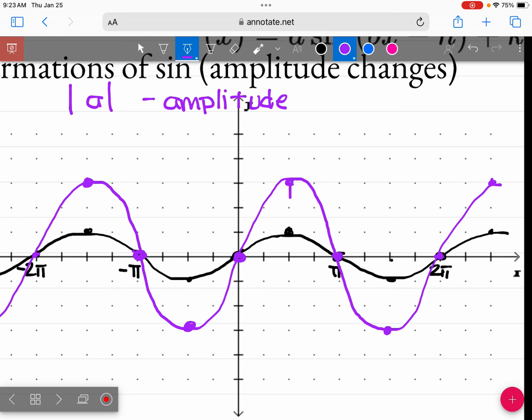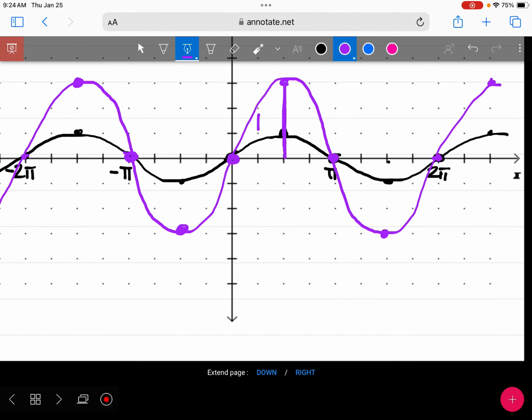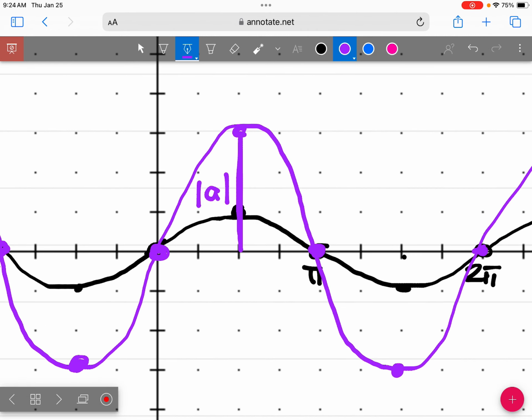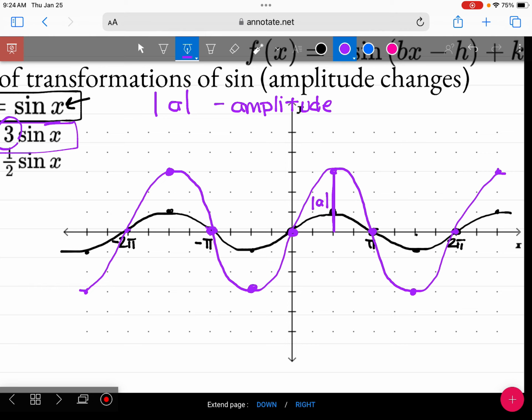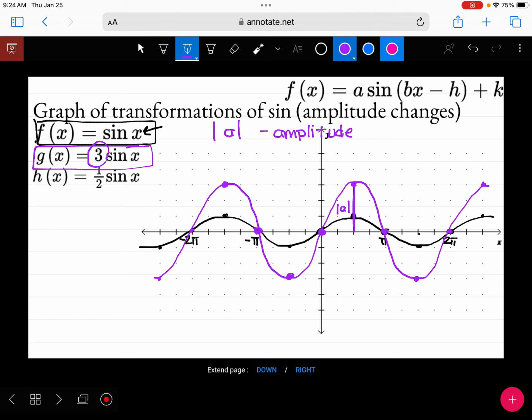And what it does is it changes this height by the absolute value of A. And what that does is it changes it off of what's called the midline, which is right here. It's the middle of our sine graph. So it raises everybody the amplitude off of the middle.